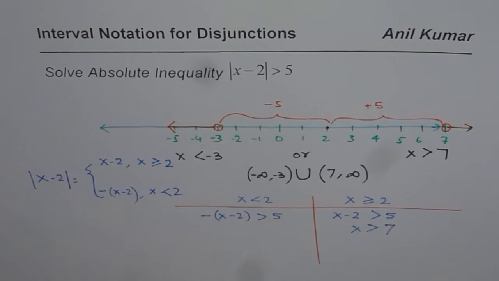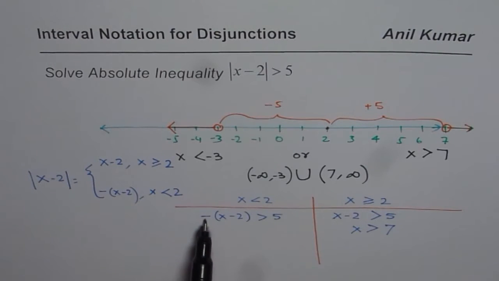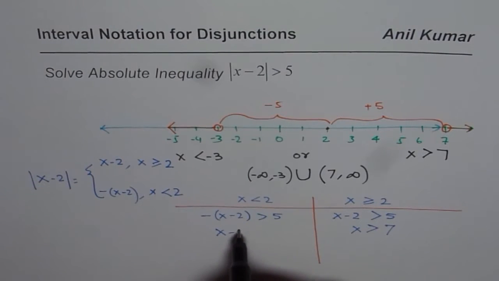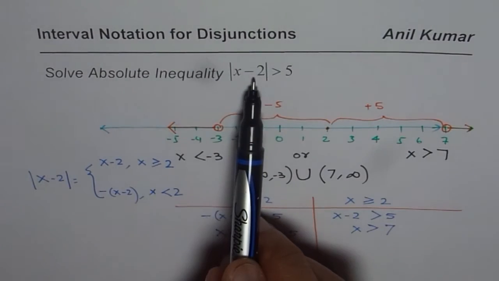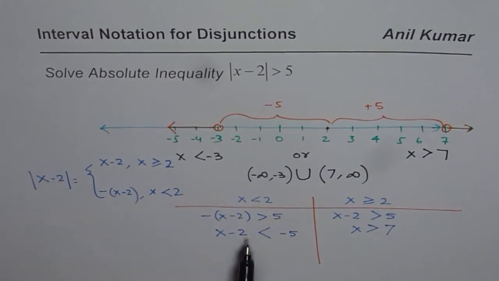In the other case, when I multiply by minus, 5 becomes minus 5 and the sign changes. This is very important. So you could even solve for x minus 2 greater than 5 or x minus 2 less than minus 5 directly.